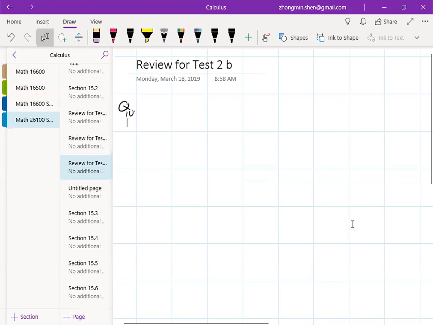Evaluate the integral by making an appropriate change of variables. So this is a double integral, right? And e to the x plus y dA, where R is given by this inequality.